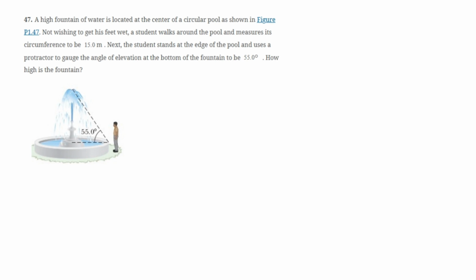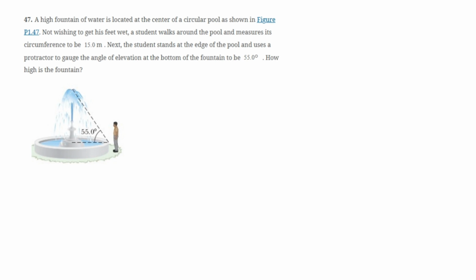Not wishing to get his feet wet, a student walks around the pool and measures its circumference to be 15.0 meters. Next, the student stands at the edge of the pool and uses a protractor to gauge the angle of elevation at the bottom of the fountain to be 55 degrees. So how high is the fountain?